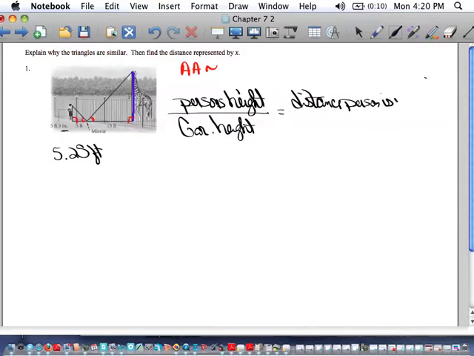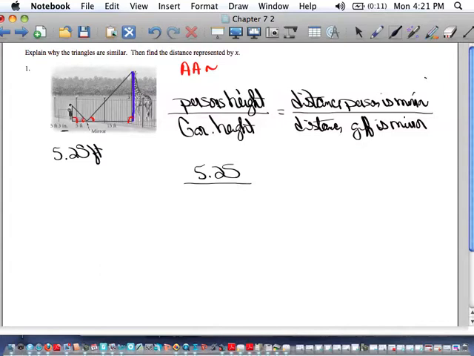is from the mirror. I'm leaving a few words out, I hope that's okay, over the distance, I'm abbreviating as well, the giraffe is from the mirror. So the person's height, 5.25, is to the giraffe's height, x, as the person's distance, 5 feet, is to the giraffe's distance, which is 15 feet.